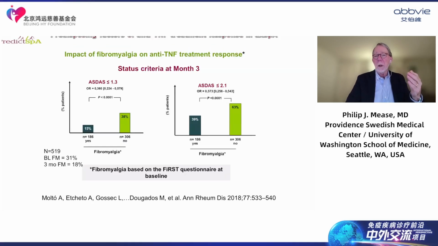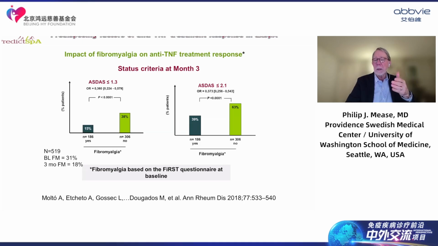And here's another study done in France in over 500 patients going on a TNF inhibitor for treatment of axial spondyloarthritis. They were administered a fibromyalgia measure known as the FIRST measure, which showed that at baseline, 31% of them qualified for the diagnosis of fibromyalgia, which is about right, 20 to 30% of most of our rheumatology cohorts, lupus, RA, and so on, will have concomitant fibromyalgia.